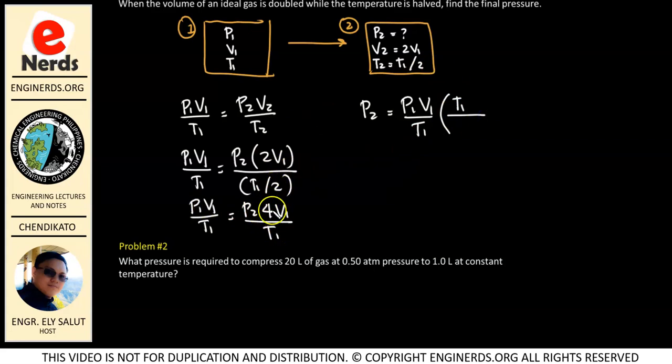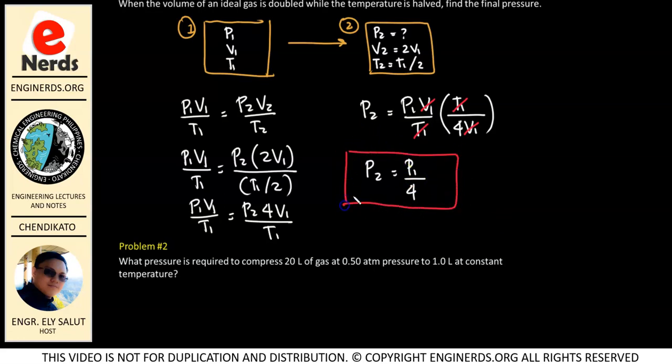And in our denominator, we will have 4 V1. Okay? So, as you can see, we have variables that will be cancelled out. V1 will be cancelled out and T1 will be cancelled out. So therefore, our final pressure will be equal to a quarter of our P1. Okay? So this is our final answer here in question number 1.